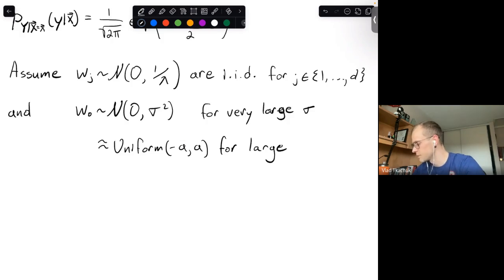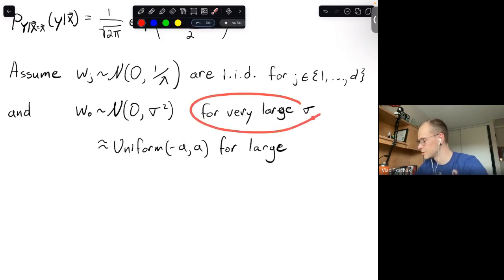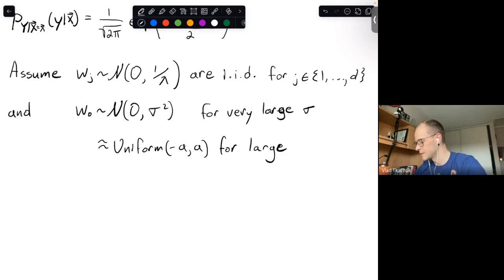So for very large sigma, you can think of it as a uniform distribution for large a. It's a uniform distribution over almost all possible values, but it has to stop at some finite a. The point is to have no prior knowledge of the bias term.